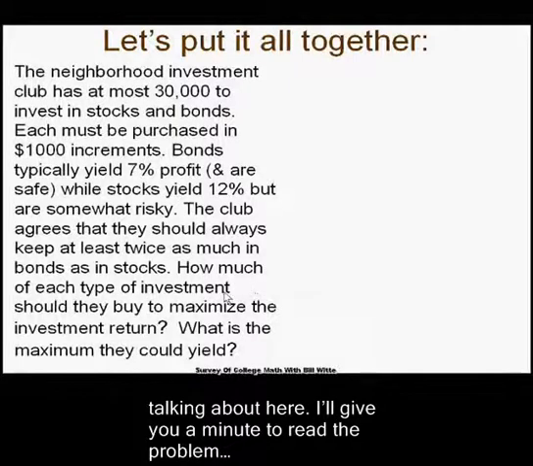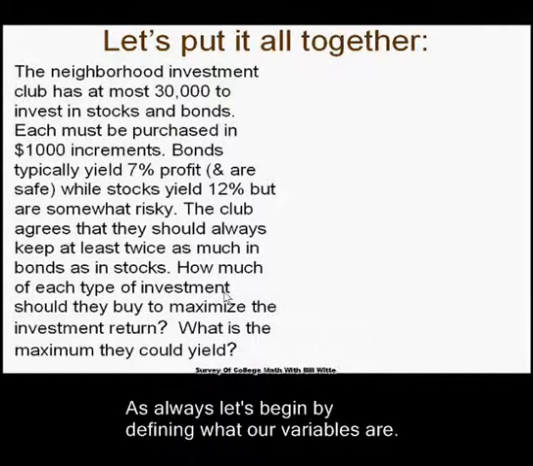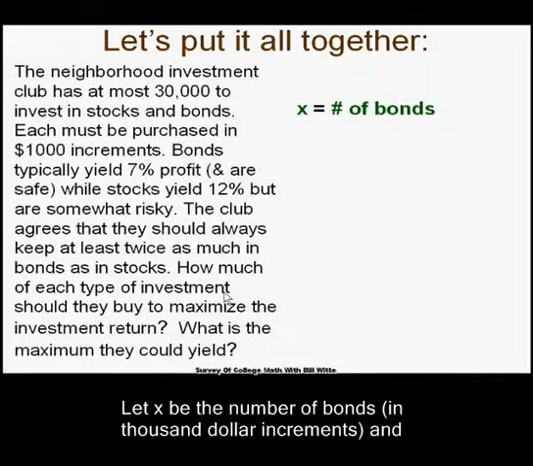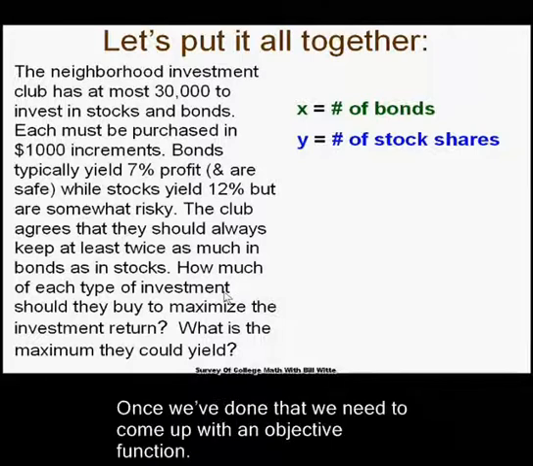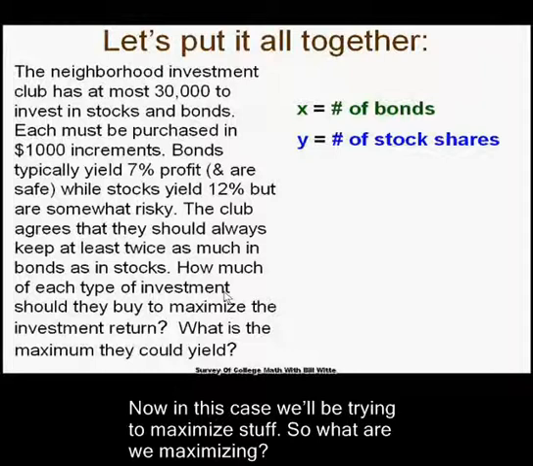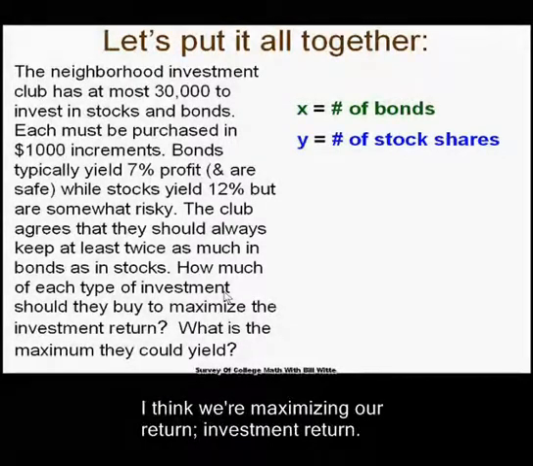Well, as always, let's define what our variables are. Let x be the number of bonds in $1,000 increments, and y be the number of stock shares in $1,000 increments. Once we've done that, we need to come up with an objective function. Now in this case we're going to be trying to maximize. So what are we maximizing? I think we're maximizing our investment return.